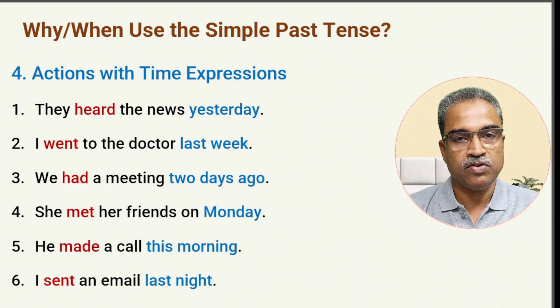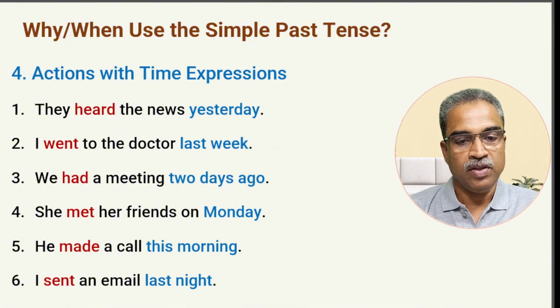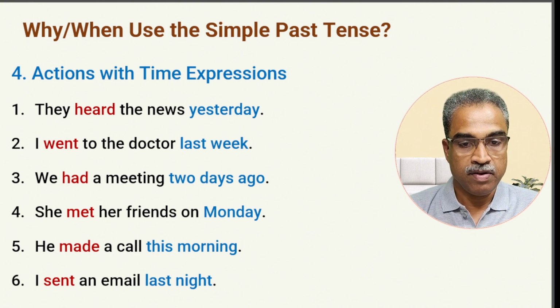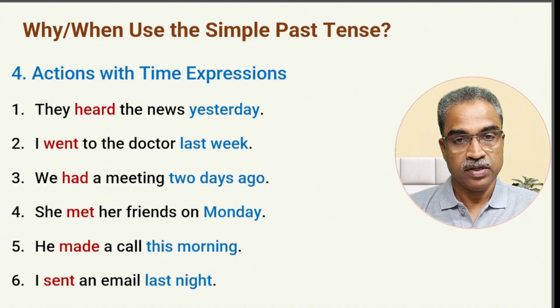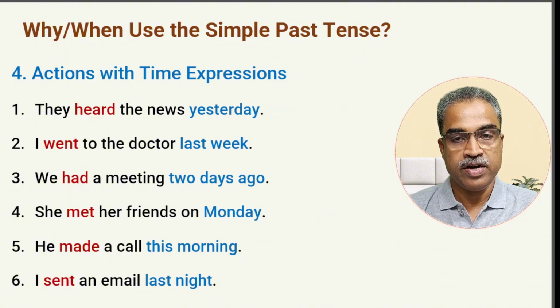She met her friends on Monday. He made a call this morning. I sent an email last night. So we used they, I, we, he, she with heard, went, had, met, made, sent as V2 form, past form. Remember, at the end of each sentence here, you would find a time expression, a word or a phrase showing time.